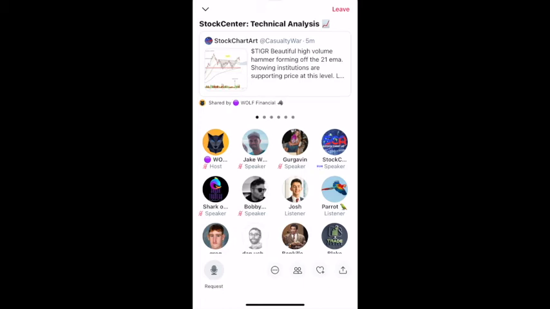So for this particular position that I'm in, my specific sell rule is that if a stock closes below the 50 simple moving average on the weekly, I will exit the position. So this one I'm going to be watching closely to see if we can close back above the 50 simple moving average by Friday.